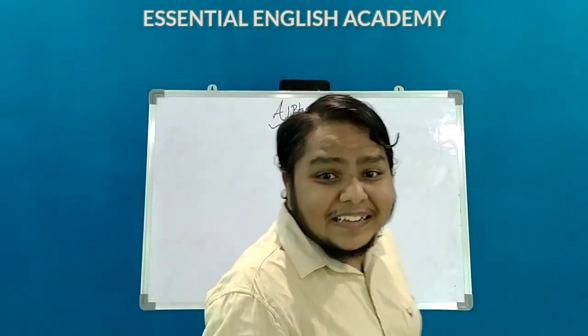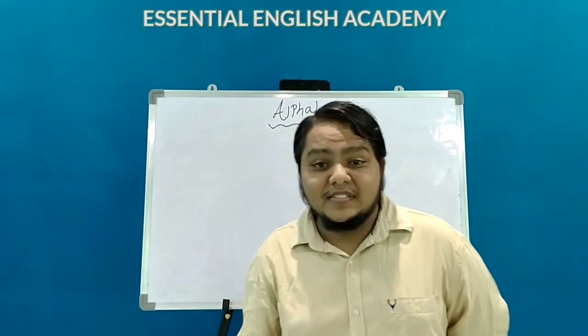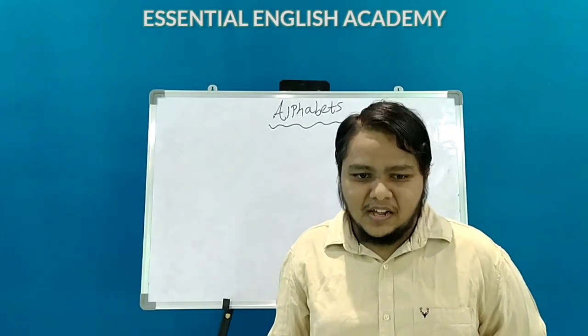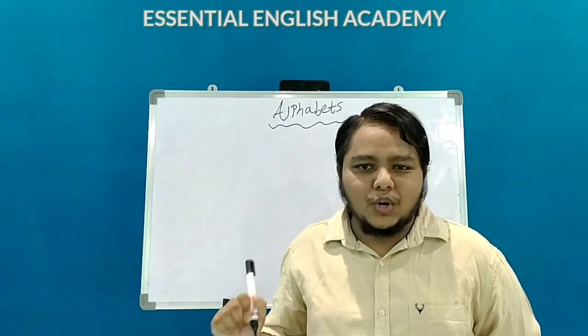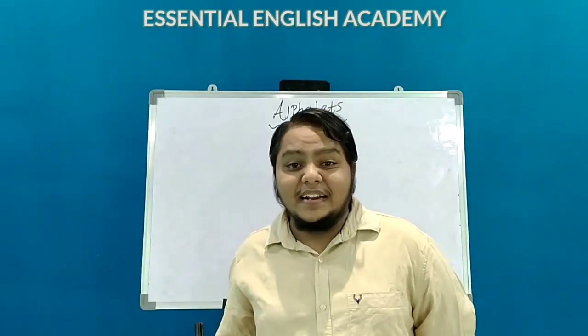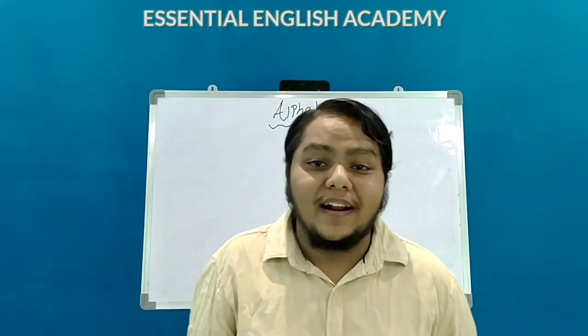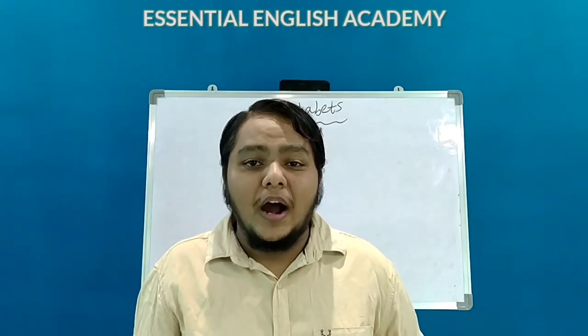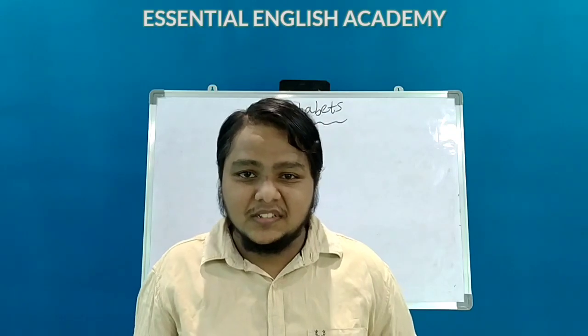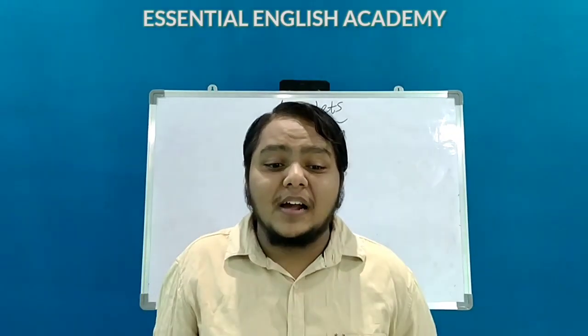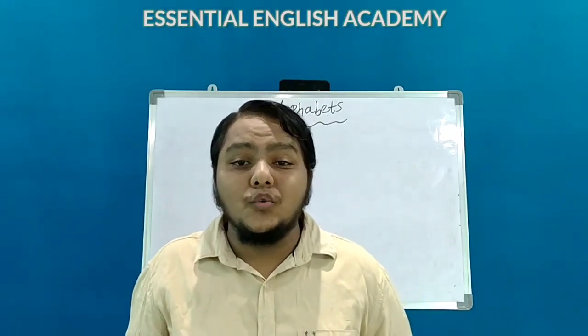Alright, we have been hearing the term alphabets right from our childhood days, and we have been studying alphabets right from nursery. But what are alphabets? Do you know how the word alphabet came into existence?